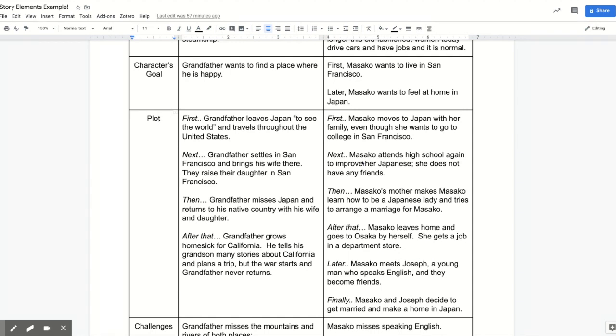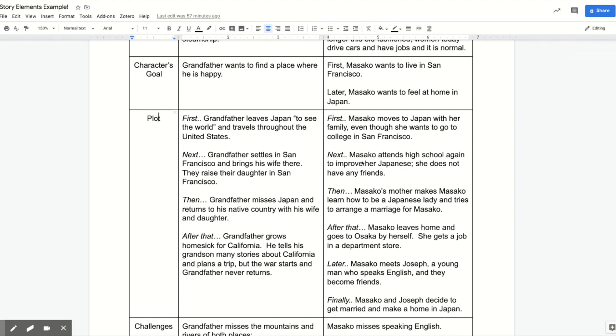We've talked and joked in class about how including the smallest random detail is not going to give our reader the gist or main idea of this book, what it's mostly about. So again, Joseph should have been included in your plot section in your story elements chart.